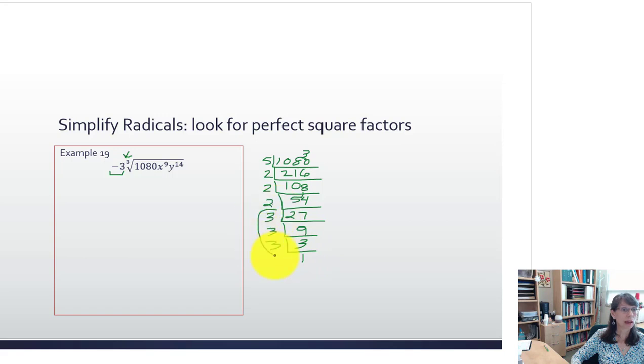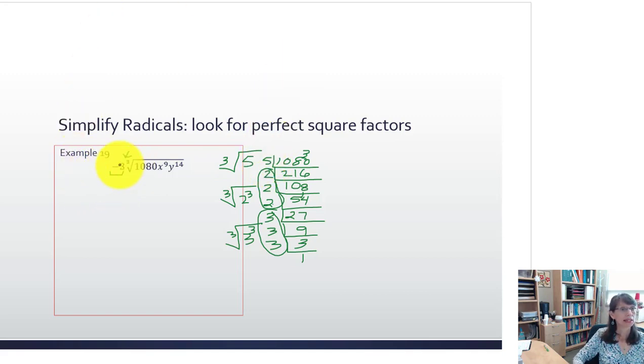So notice how I have a set of 3 identical factors, and here's another set of 3 identical factors. So under the cube root, I'm going to have 2 cubed. Under the cube root, I'm going to have 3 cubed. And then under the cube root, I'm going to have 5, which I know I can't break down anymore.